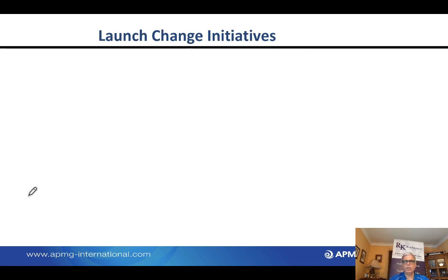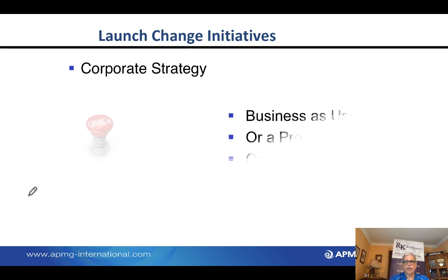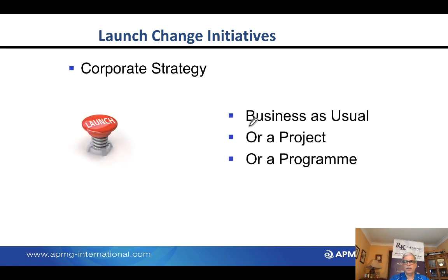So when we launch these change initiatives, they can be delivered as part of business as usual. What we're saying here is, if you are enhancing a procedure that is already being used, or some software, you could do it as a team and get people around to deliver that.